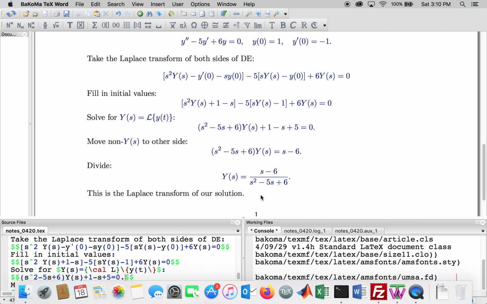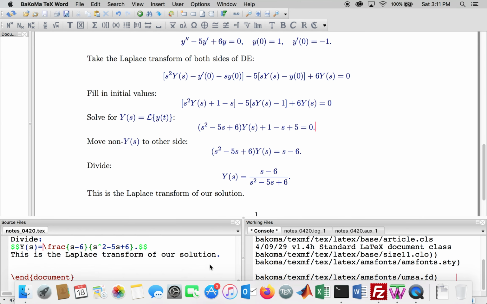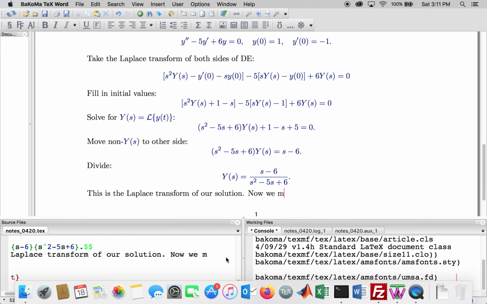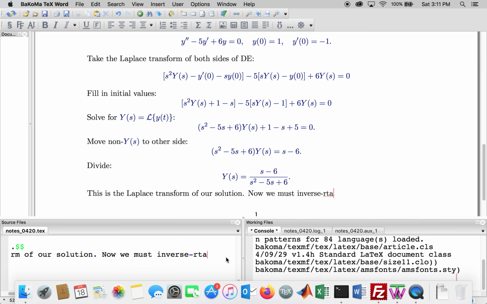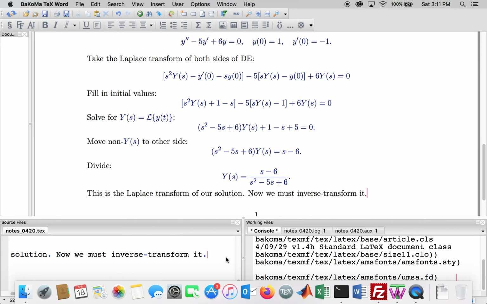But now we could say this is where the hard part begins, because we still need little y of t. That's the solution of our original problem. So we need to carry out the inverse transform. All right, so I'll go ahead and walk you through that process, and then we'll continue this with more examples.